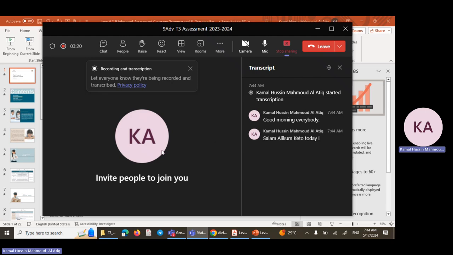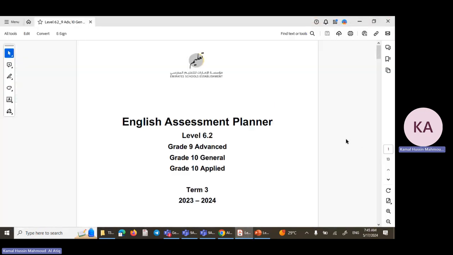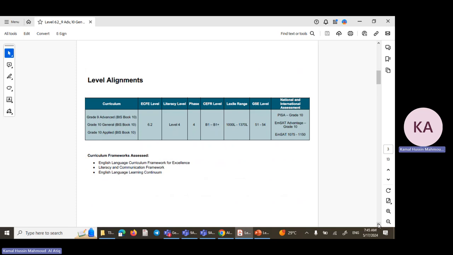Today, I am going to explain the trimester 3 planner exam structure, focusing on the following points. As you know, students have to pay attention to the following elements while they are in the last 2 weeks.